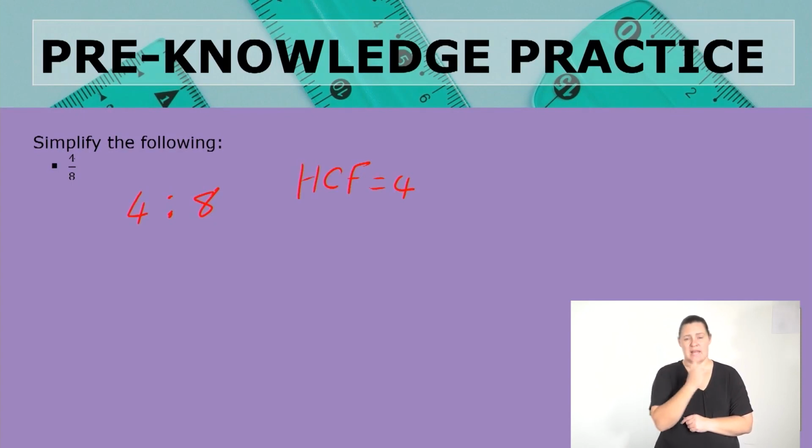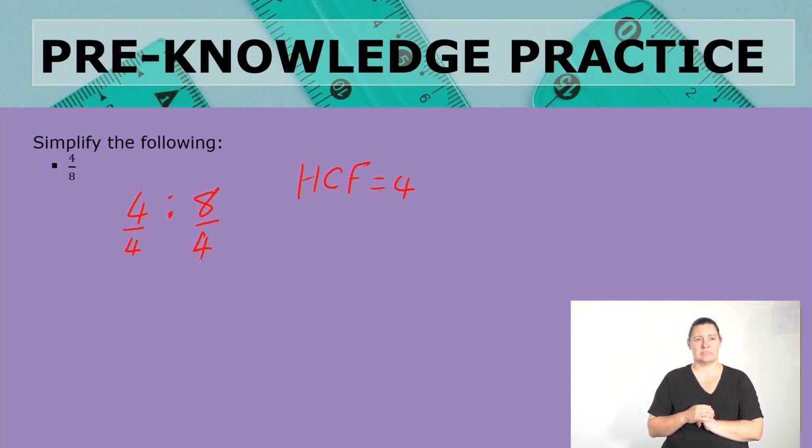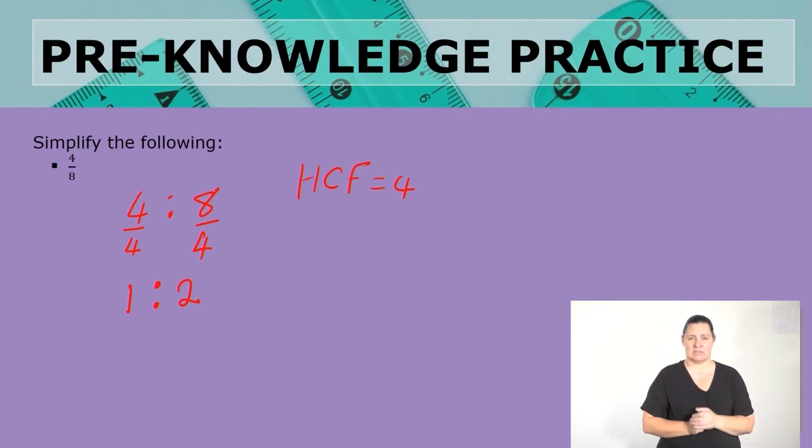I'm going to take each of my numbers and I'm going to divide it by this 4 so that I can put it in simplest form. We are going to say 4 divided by 4 with the numerator, and then 8 divided by 4 with the denominator. 4 divided by 4 gives us 1, and 8 divided by 4 gives us 2, which can also now be written as 1/2.